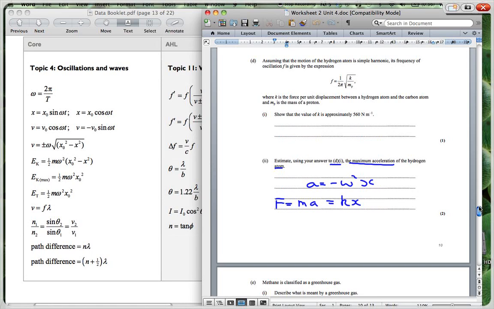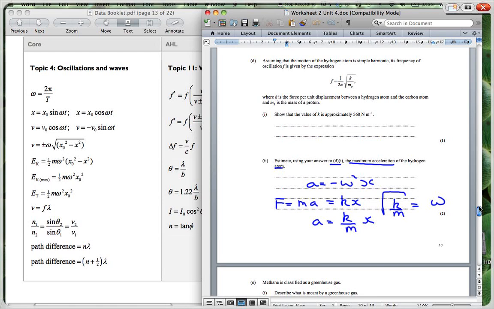From that we can see that acceleration is equal to k over m times x. So the square root of this k over m would correspond to your omega.